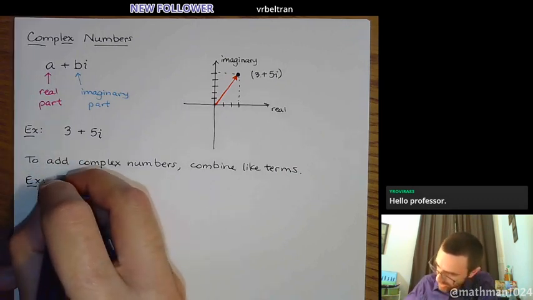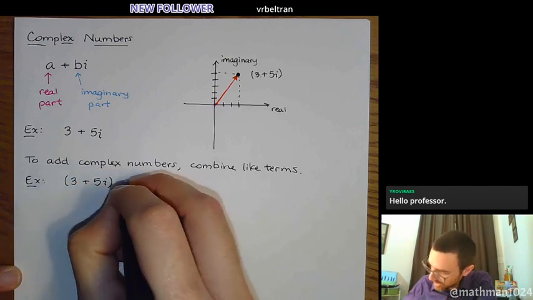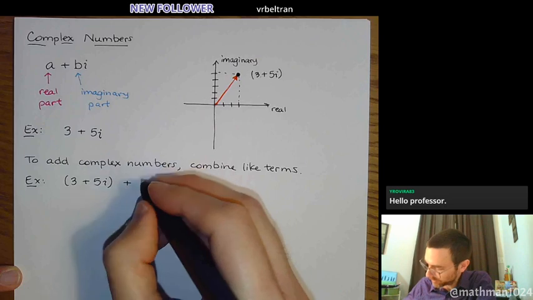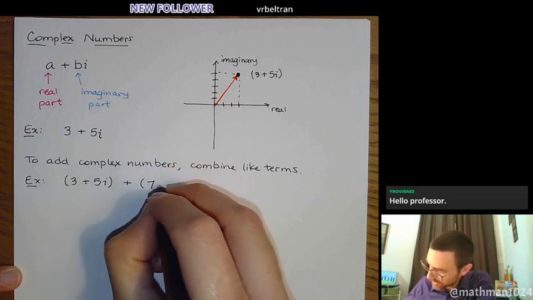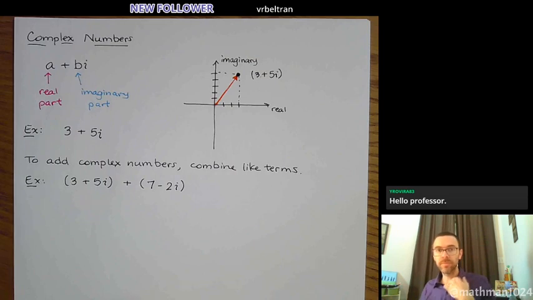For example, let me take that 3 plus 5i that I wrote above, and let me add to that 7 minus 2i. If you were to look in a textbook, a lot of times they try to give you a formula for doing this, but there's no formula that you need. It's just a matter of combining like terms.